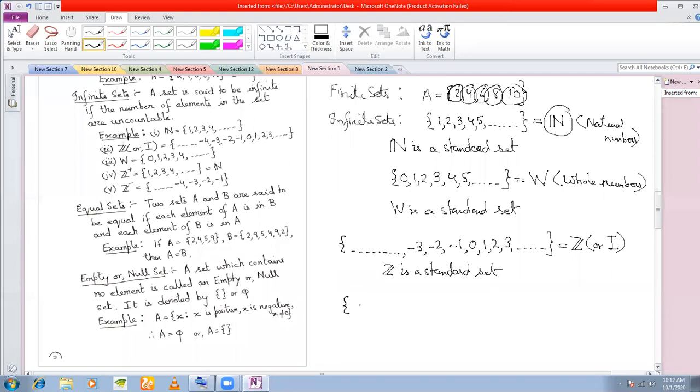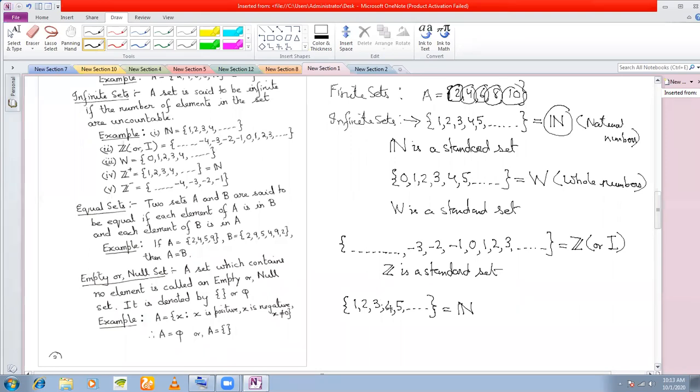Similarly, if I have a set like this, then this set is the set of natural numbers. Definitely, you have seen here, this is an infinite set. All these are infinite sets. Okay, N, Z, W, all these are infinite sets.